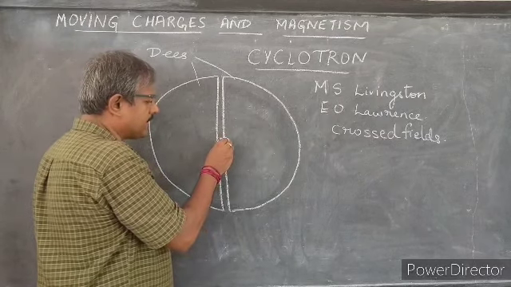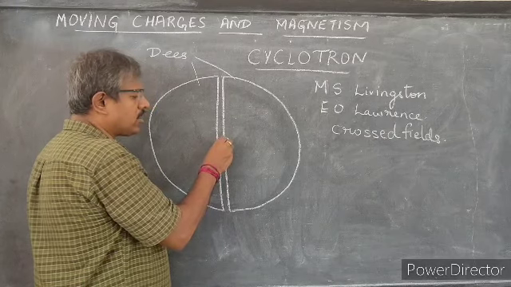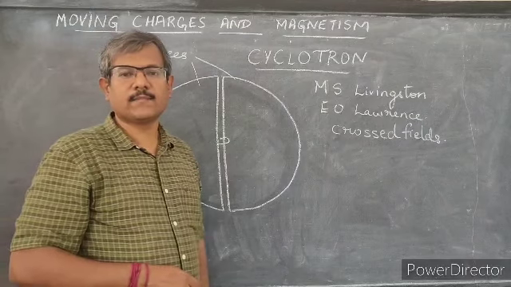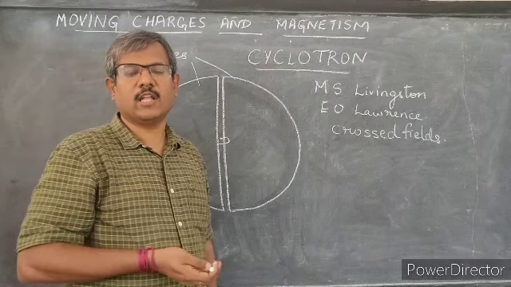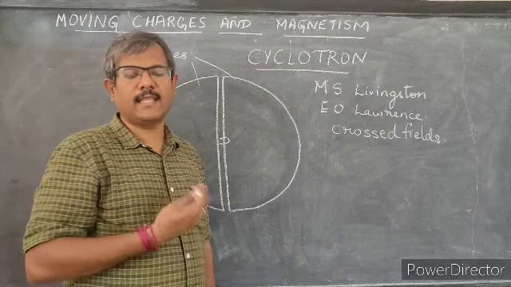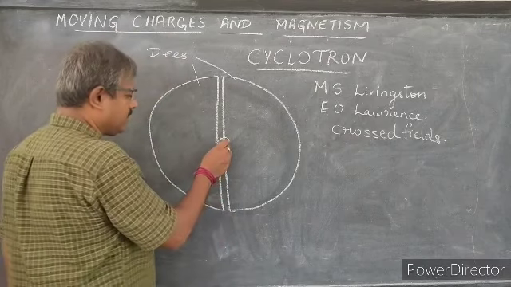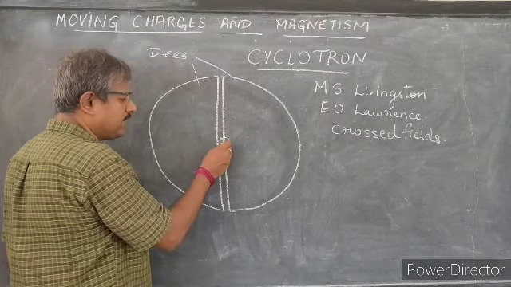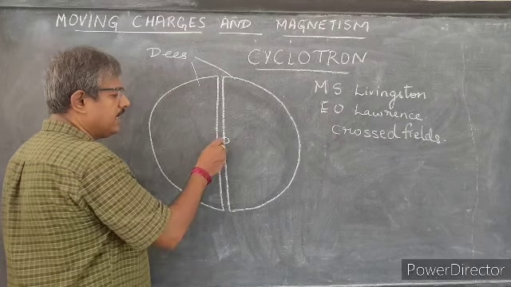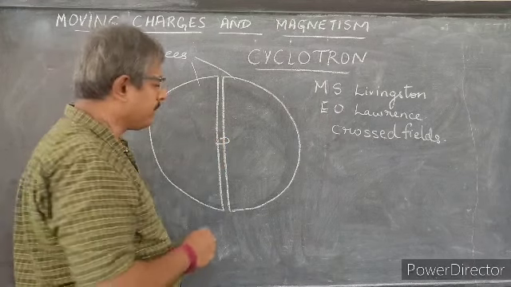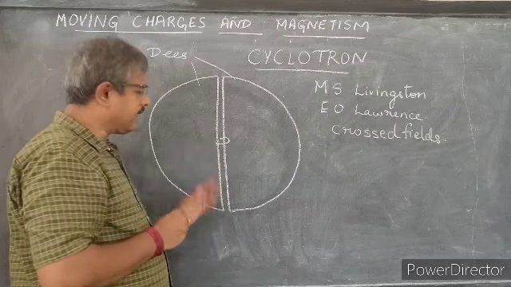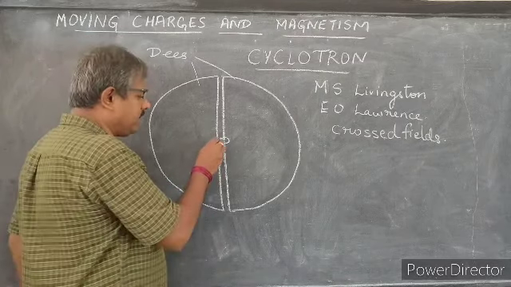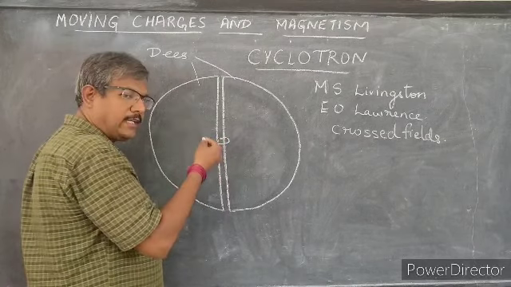So the particle moves across this interface but also gains extra velocity. It gets accelerated across this interface, and the moment it comes back to the disc, there's only the magnetic field acting on it.